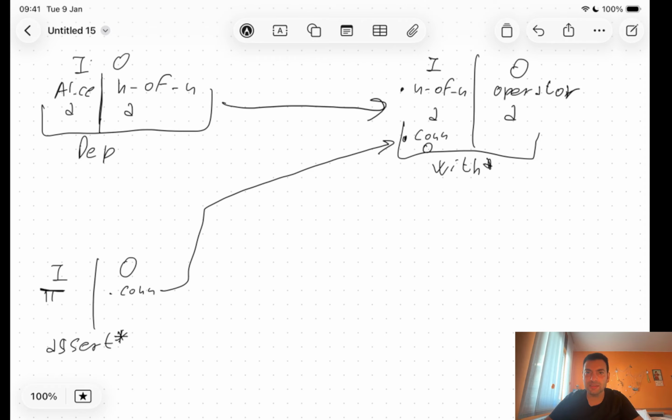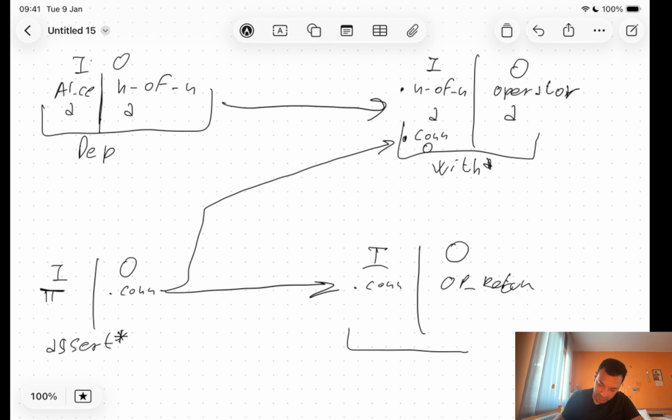The connector can also be used for the dispute transaction, which has inputs and outputs. It has a connector, and then it has just an OP return here.